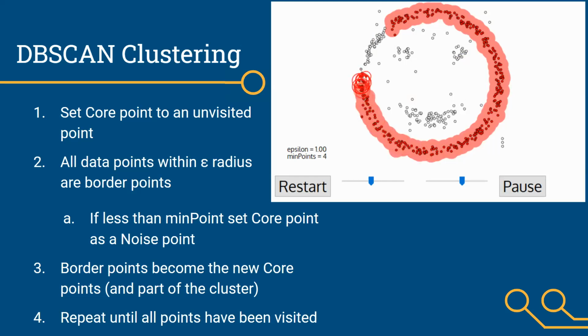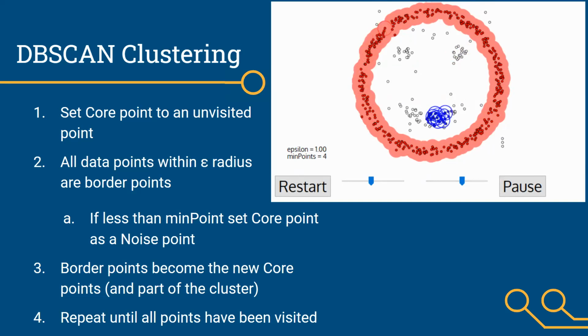It's just noise. And if you remember earlier when we talked about anomaly detection, this is kind of how that would work. Then you're going to take all of the border points. That's what happens if there aren't enough points around it. If there are enough points, we are then going to take all of those border points that are within it, and those are going to become the new core points that we're checking adjacent points to.